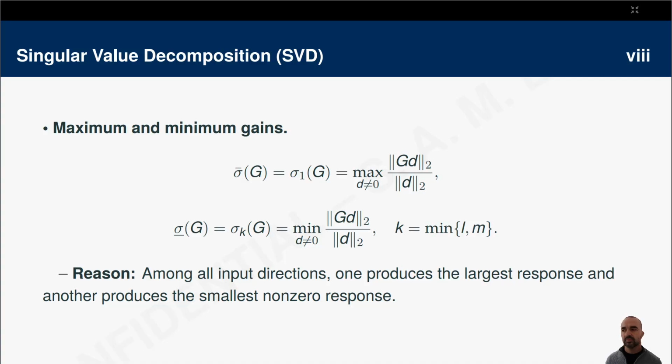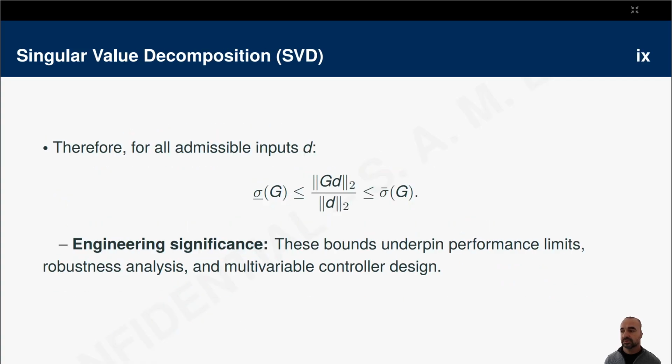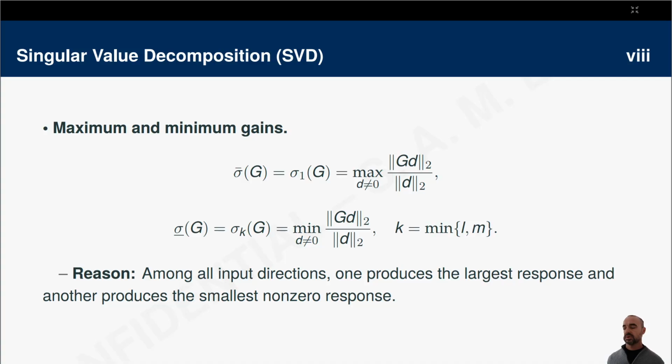That shows the worst case and the best case gains. Among all input directions, one produces the largest response and another produces the smallest non-zero response.